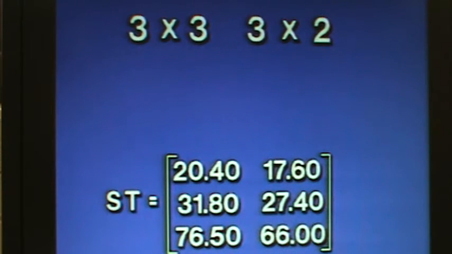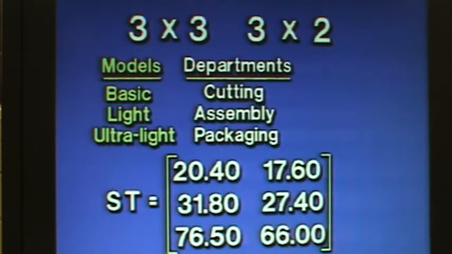Remember now, our first matrix, the S matrix, was a 3 by 3 matrix, and the rows were the models involved with our bicycles, the basic and light and ultralight models. And the columns were departments, cutting, assembly, and packaging. Now, what about the 3 by 2 matrix, the T matrix that we talked about?